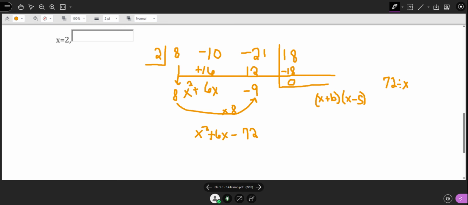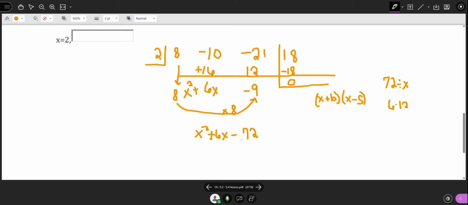I take care of this negative sign by subtracting. So second graph, and 6 times 12 is 72, and 12 minus 6 is 6.